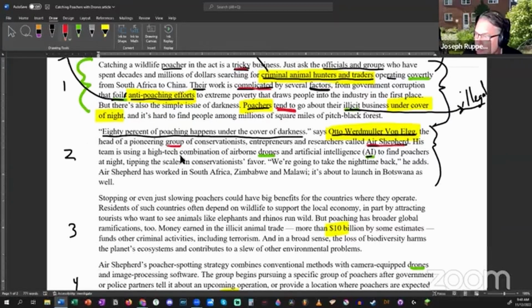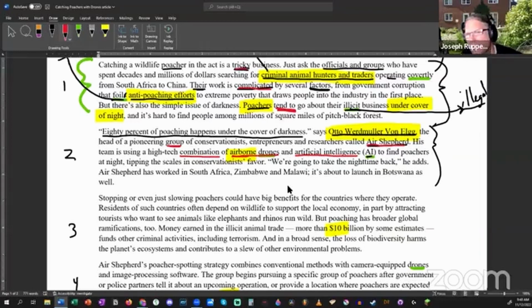So they're using a combination, two things. Airborne drones, and AI, artificial intelligence. Very interesting. Airborne just means in the air. These are drones that are in the air.